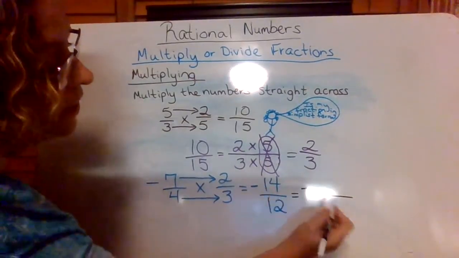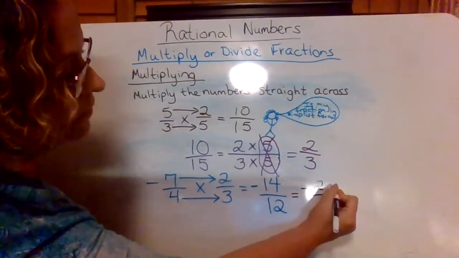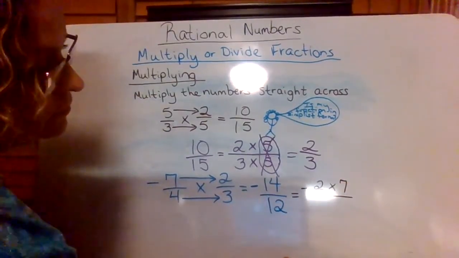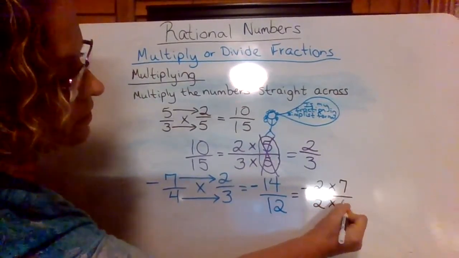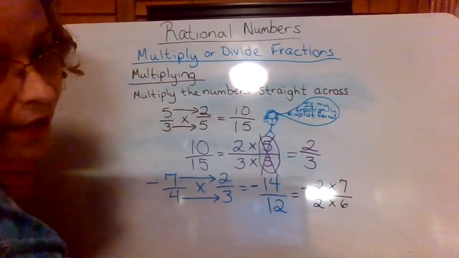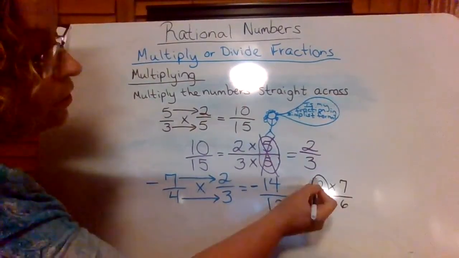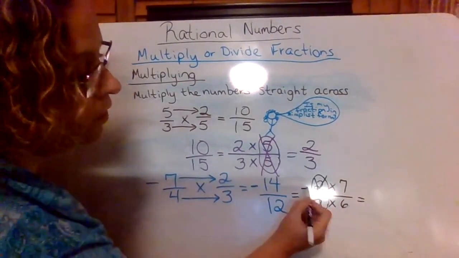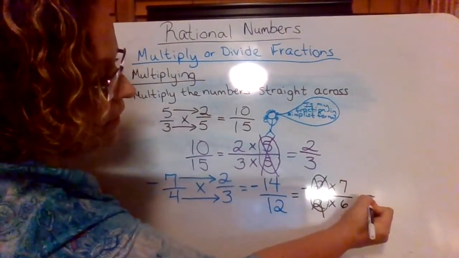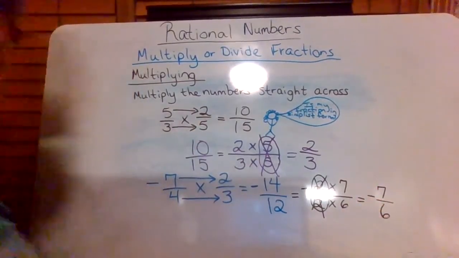So 14 breaks down, don't forget your negative, though, to 2 times 7. 12 breaks down to 2 times 6. Do you see a number they have in common? I sure do. It's that 2. Those 2's are gone. So that leaves me with, don't forget the negative, negative 7 over 6.